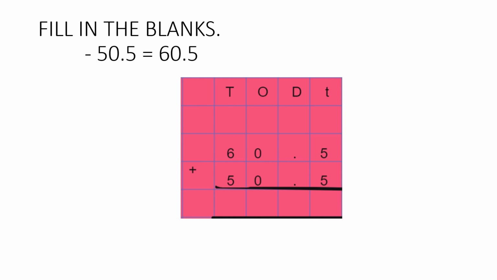So when we add these two numbers, we know that 5 plus 5 equals 10. 0 we will write and 1 is carried to the ones. Now which number will come in ones? That is 1 plus 0 equals 1. And the next last number is 6 tenths plus 5 tenths equals 11 tenths.